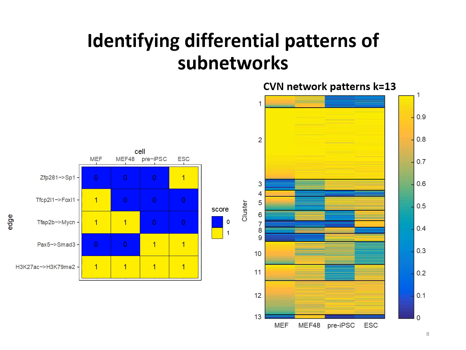To gain insight into the differential interactions across these four stages during the reprogramming process, we subsampled the data 50 times and applied CVN in the stability selection mode to estimate the confidence score for each edge in the inferred networks. Then we did k-means clustering on this edge-by-cell matrix to find different patterns across cell stages. We chose 13 clusters, several of which exhibit different patterns of conservation.